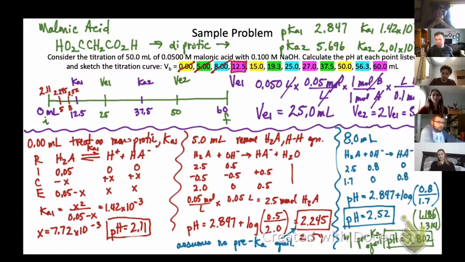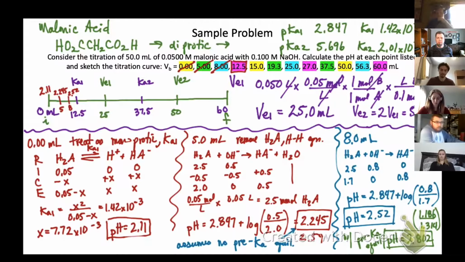So notice how much that changes it. It goes up to a pH of 2.8 instead of 2.52. After this particular calculation, we're not going to worry about accounting for that going forward, but I thought it was kind of interesting to note that up to this point.